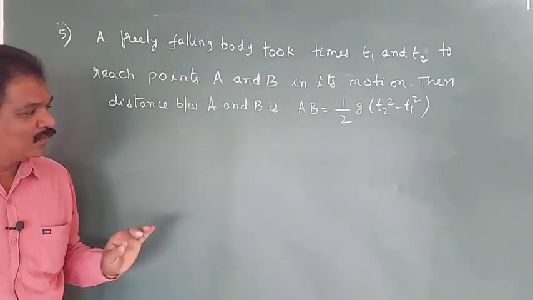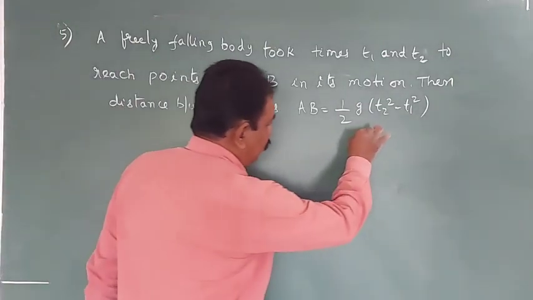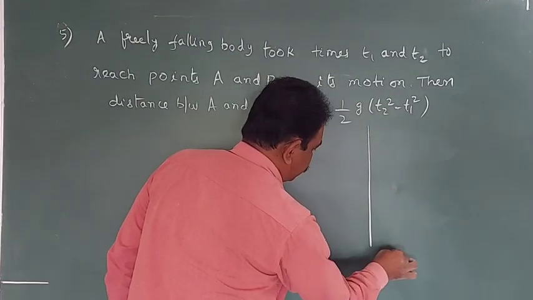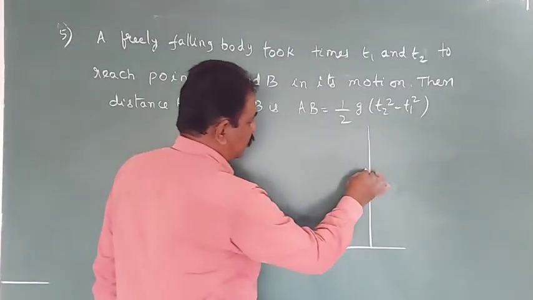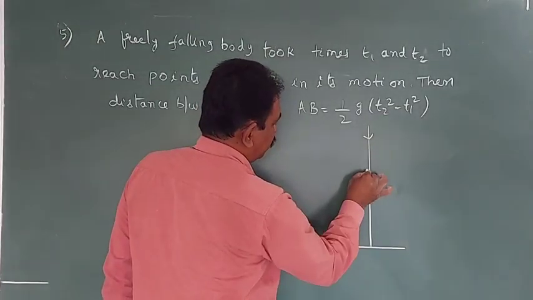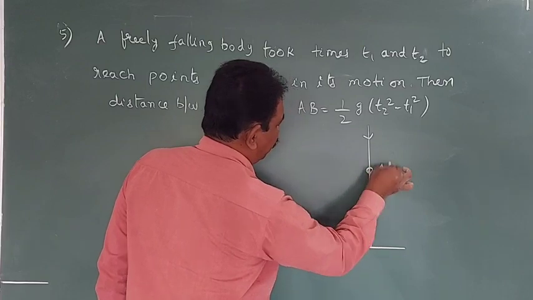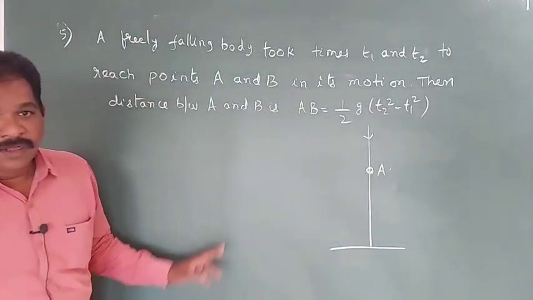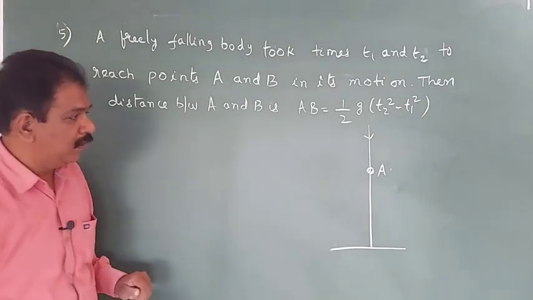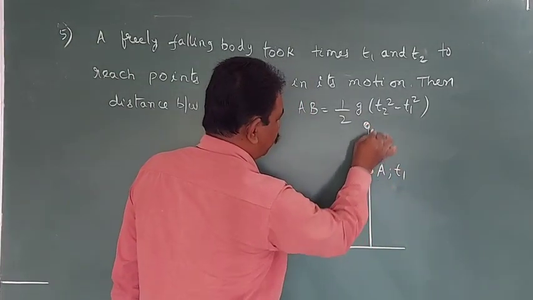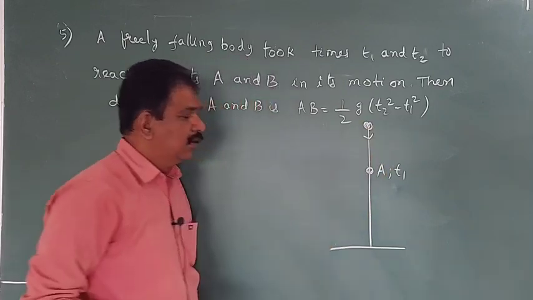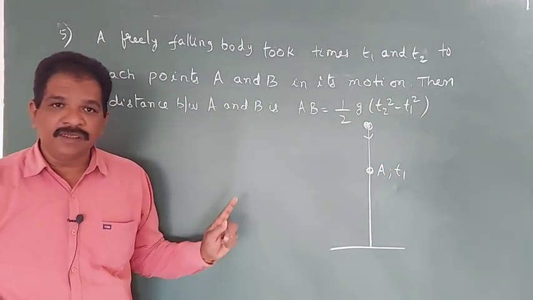What this question is saying: a freely falling body is there. It reaches the point A after time T1. So to come from here to here, how much time is it taking?